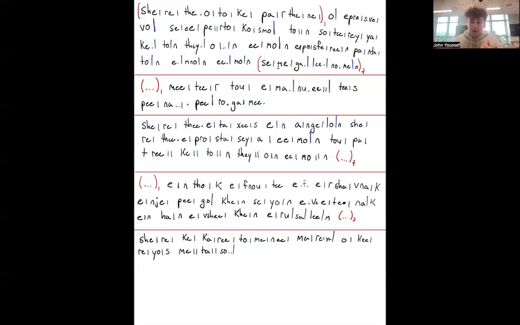So altogether, the first verse is going to go Shere Theotoke parthene o e presvevo se iperto cosmo ton sotireia keton theon imon e prosferin pantaton imnon imon semegalinomen. Okay.